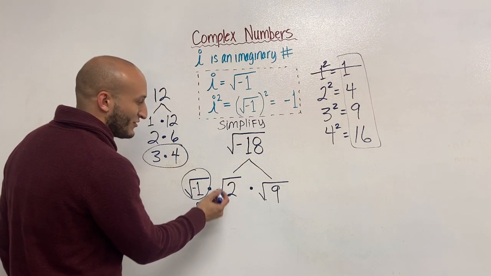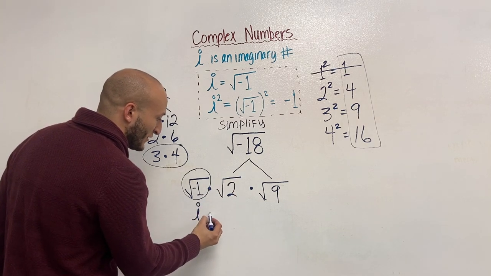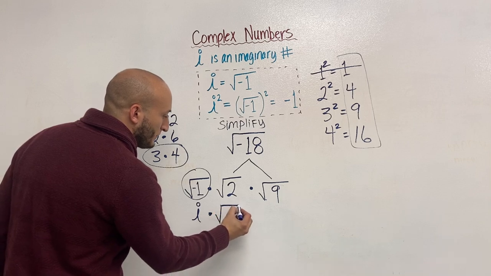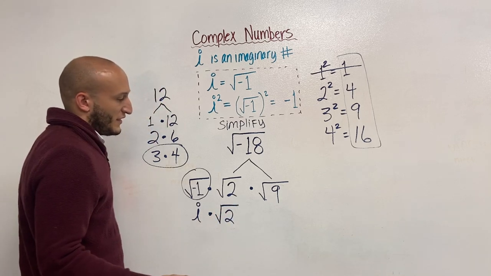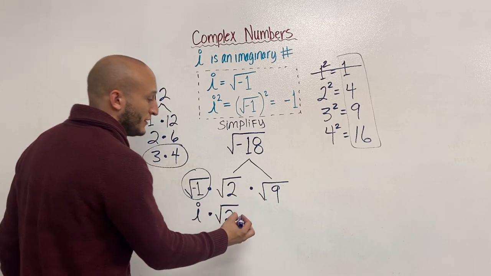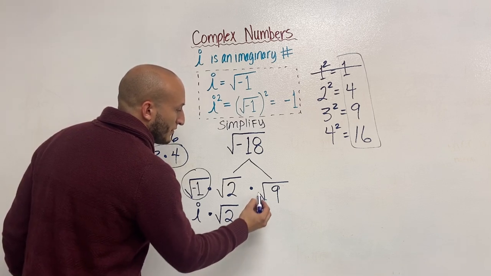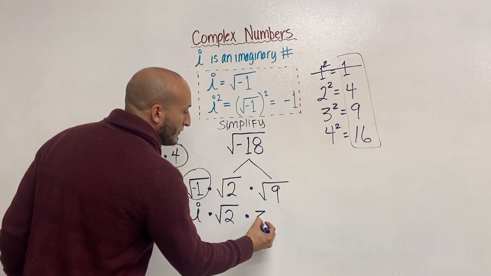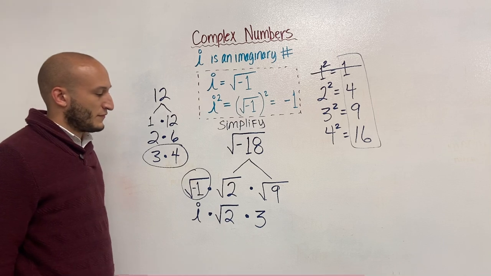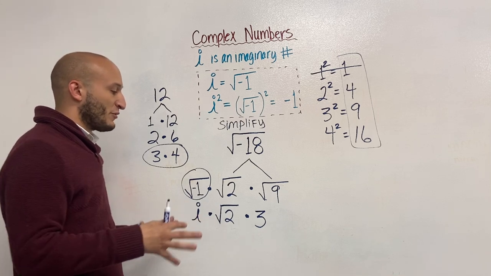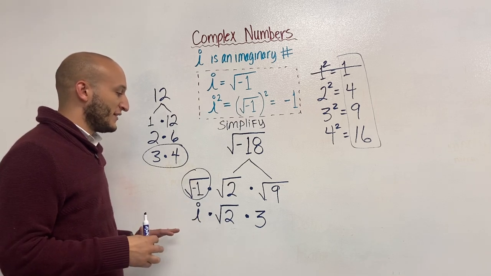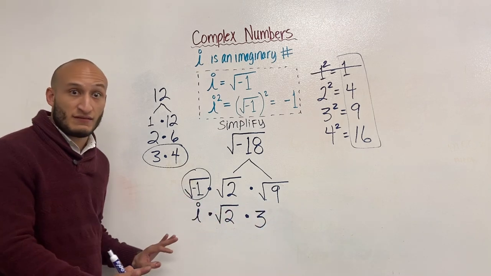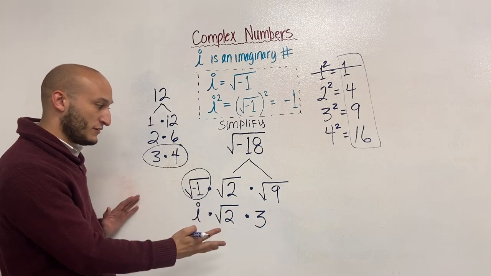Square root of 2 can't really do anything, so I'm going to keep it the same. Now I can take the square root of 9. Square root of 9 would be 3. Now, the proper way to write this, and I would be finished here. That's it. I'm done. Can't do anything else.